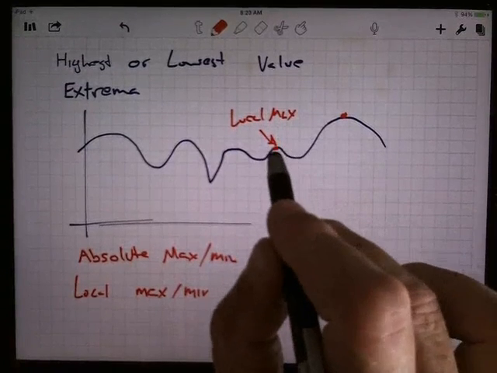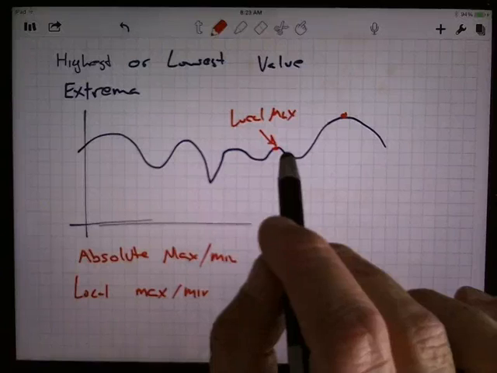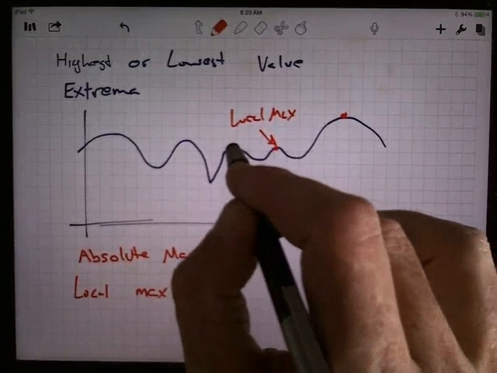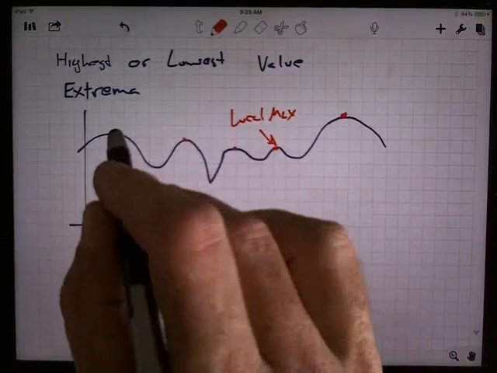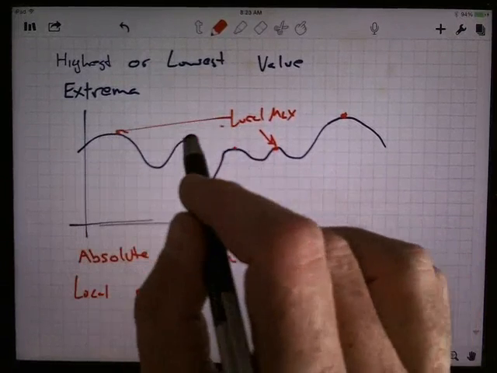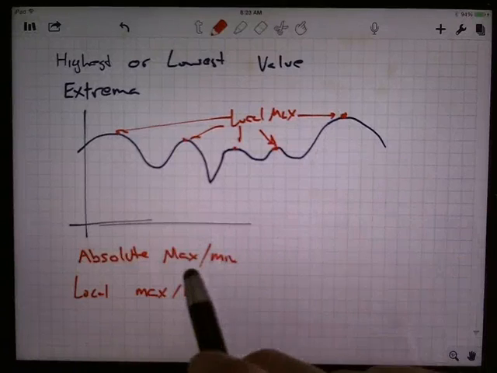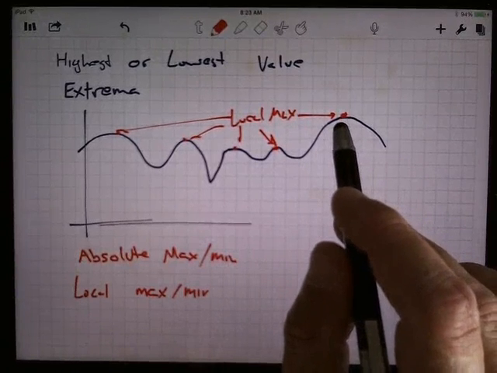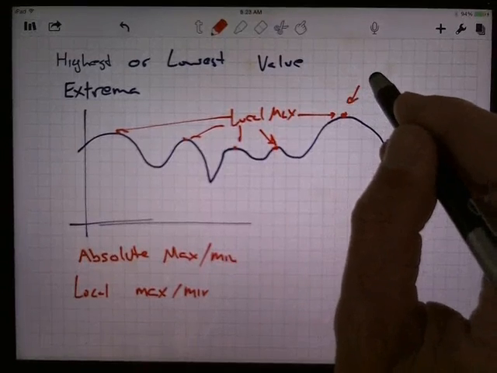It's the highest point in the neighborhood, but if you expand your view a little bit, it's not the highest point. So there's a local max there, there's a local max here, there's a local max here, there's a local max here. In fact, there's a local max even there. It's just that this local max is a special local max. This is also the global max.